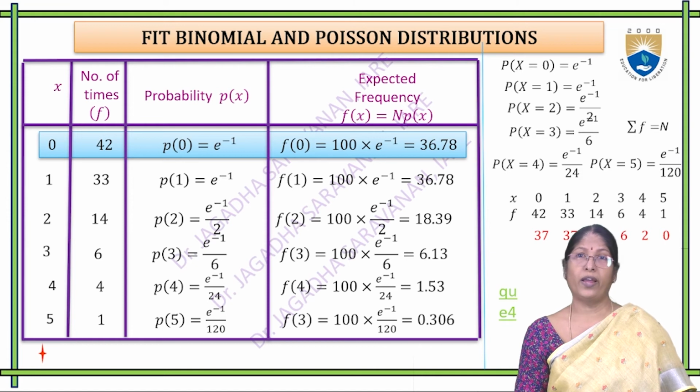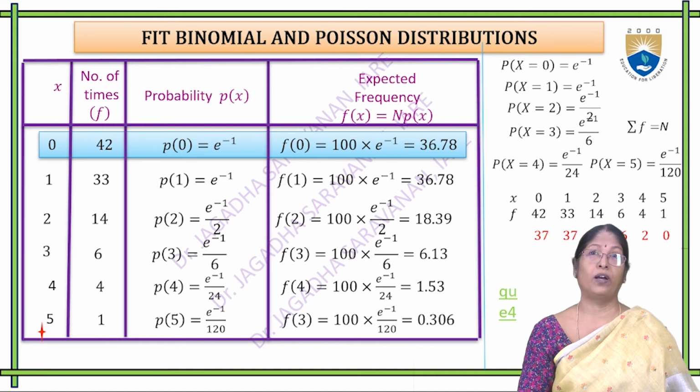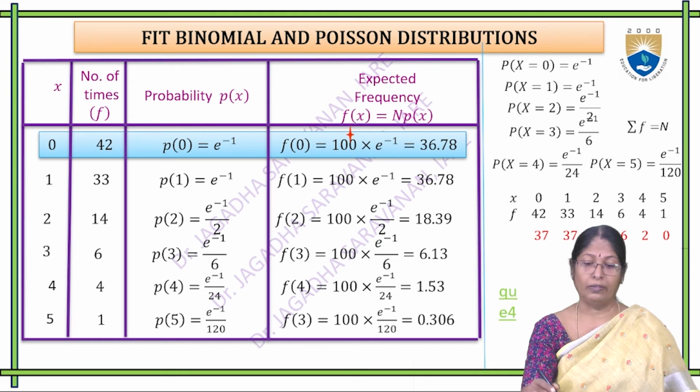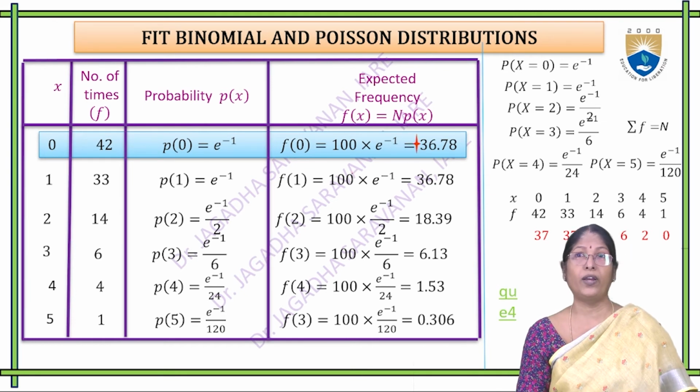So what actually is this Poisson distribution? The initial formula is very, very important. P of 0 we did, and that is multiplied by 100. 36.78, and we took approximately 37.